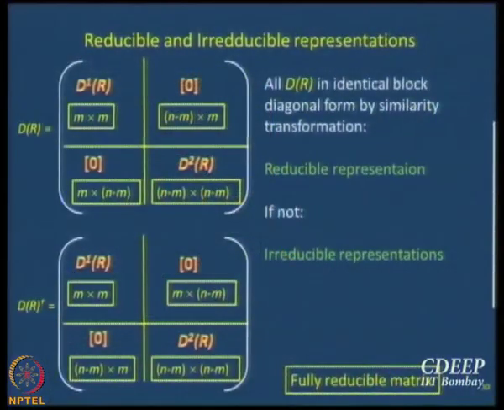This is a formal definition. A reducible representation is one in which all the matrices can be block factorized in a particular way. Now, the matrices as such may not be block factorizable, but there should be some similarity transformation that you can do that will make them all block factorizable in the same way. If that is possible, then the representation is reducible. If it is not possible, then it is irreducible, right.